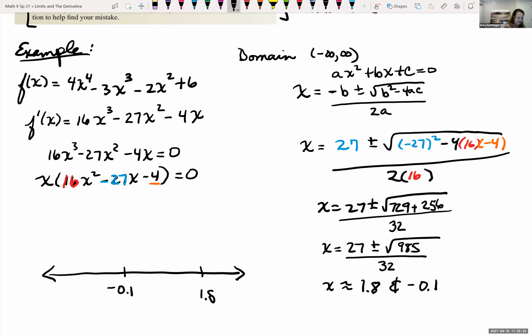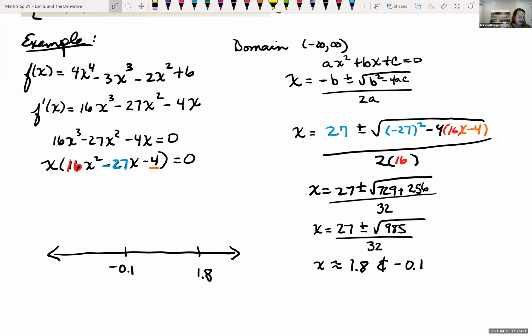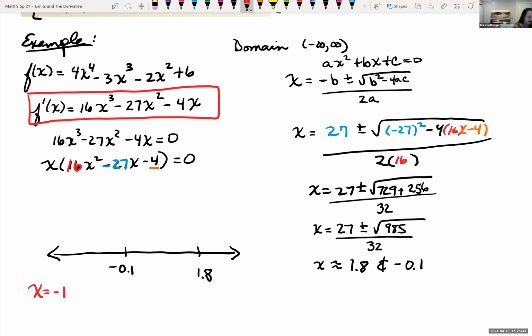And we need to test to see where it's increasing and decreasing. Okay, so choose a number that's smaller than negative 0.1. So how about x equals negative 1? And we're plugging this into our derivative. So f prime of negative 1 is equal to negative 1 cubed, which is negative 1, times 16, negative 16.